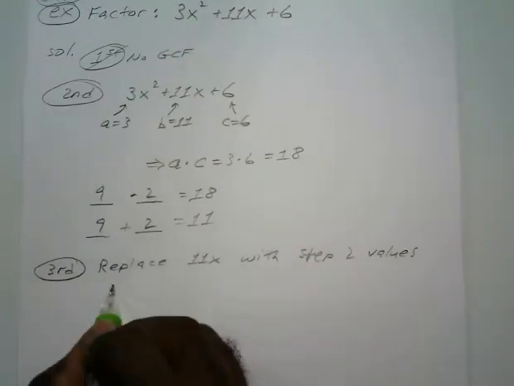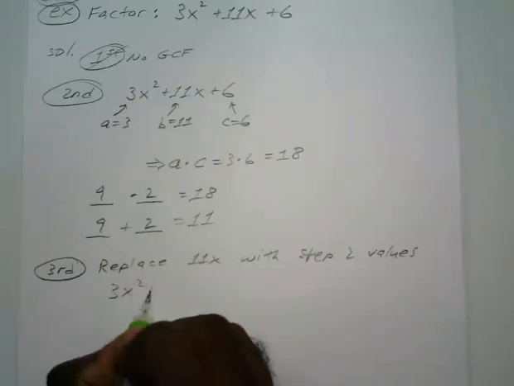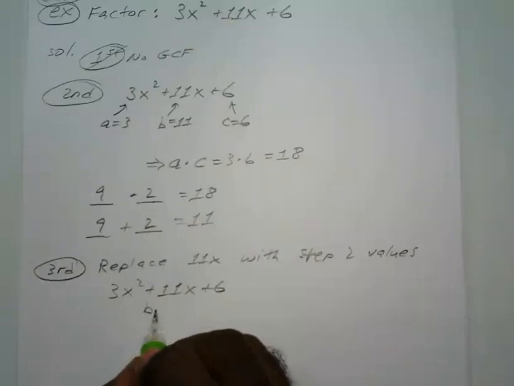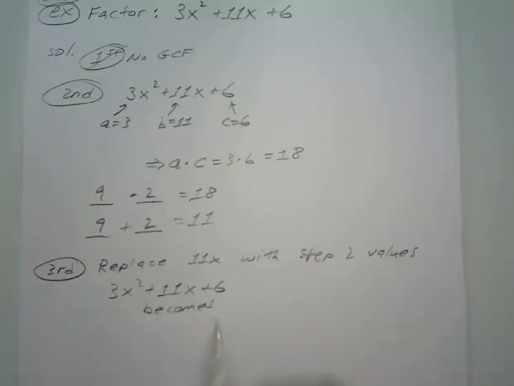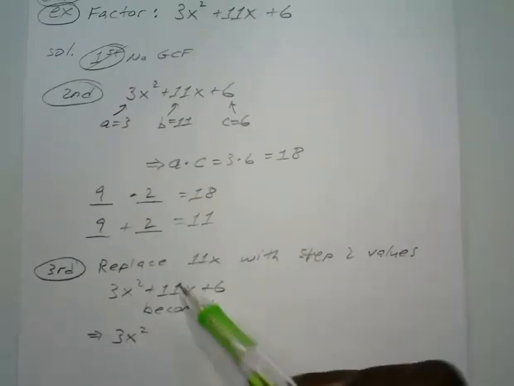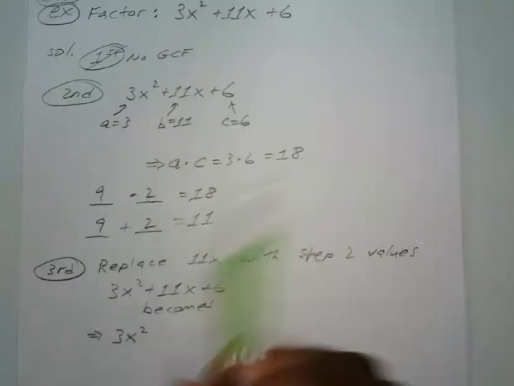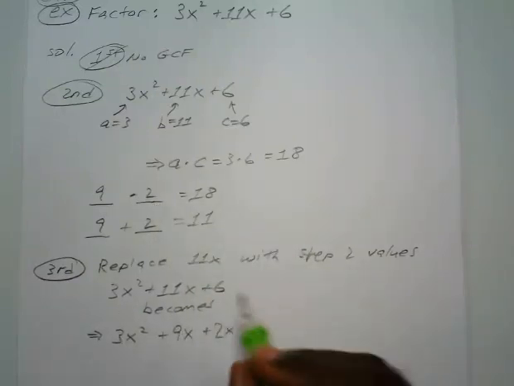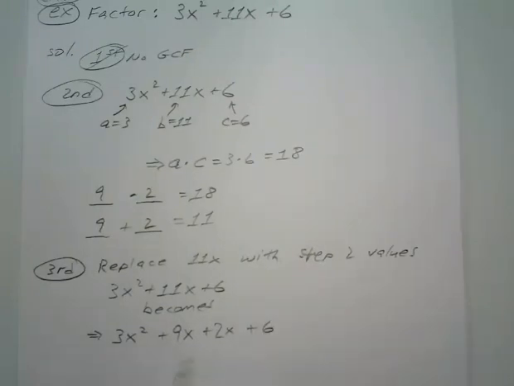Our original 3x squared plus 11x plus 6 becomes 3x squared plus 9x plus 2x plus 6. And remember, if you put plus 2x plus 9x, you'll still get the right answer.